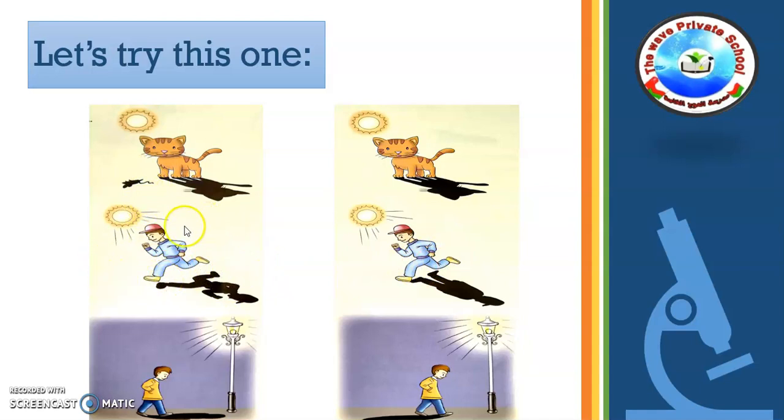Yes, exactly. Since the boy is running, it will also form the shadow exactly the same. And the third one, take a look. The shadow is in front of him, but our light source is in front. Remember that a shadow is formed when an object blocks the light source. So B is the correct answer. Well done, boys and girls.